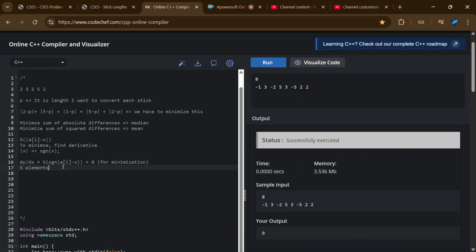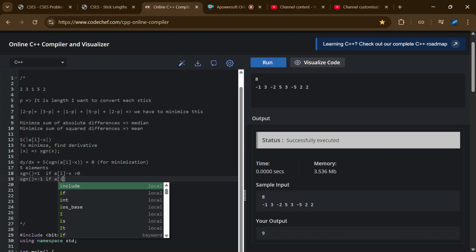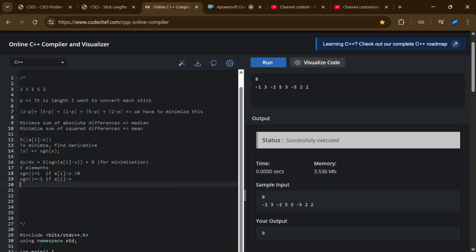The signum function would be 1 if a of i minus x is greater than 0, and it will be -1 if a of i minus x is less than 0.